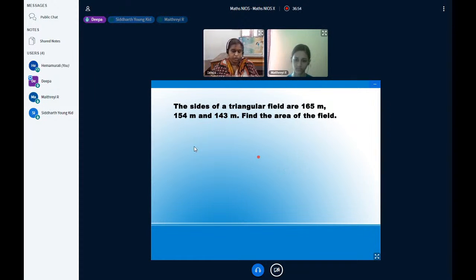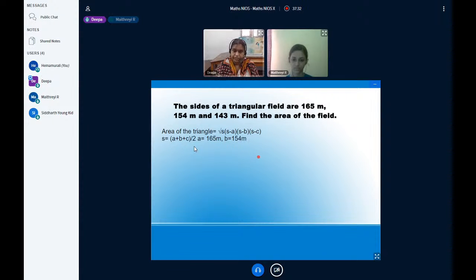First, what is the formula? Heron's formula: area of the triangle is equal to square root of s into s minus a, into s minus b, into s minus c. First, we should find the s. S is equal to a plus b plus c by 2. A is equal to 165 meter, B is equal to 154 meter, and C is equal to 143 meter.